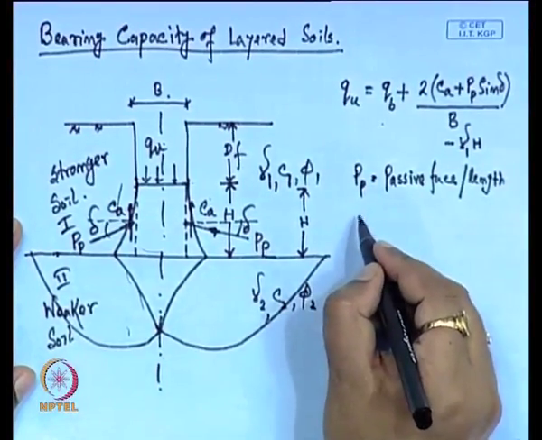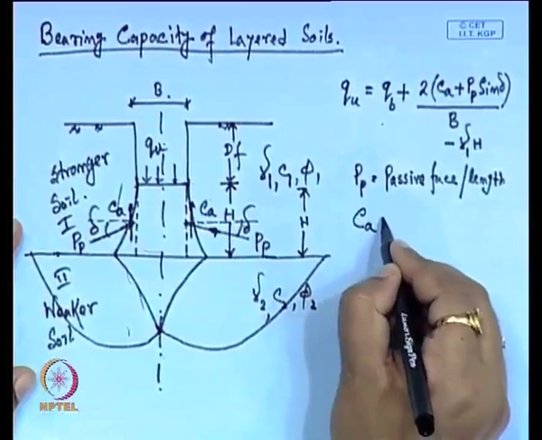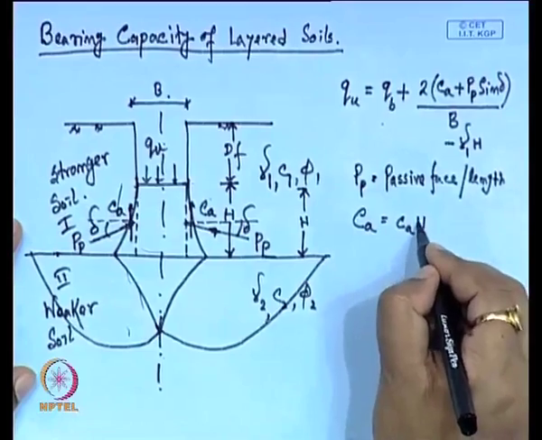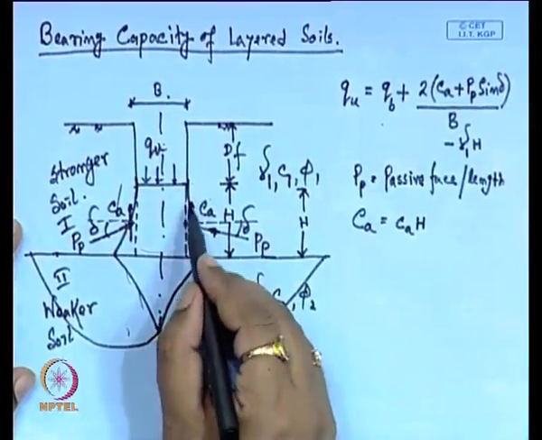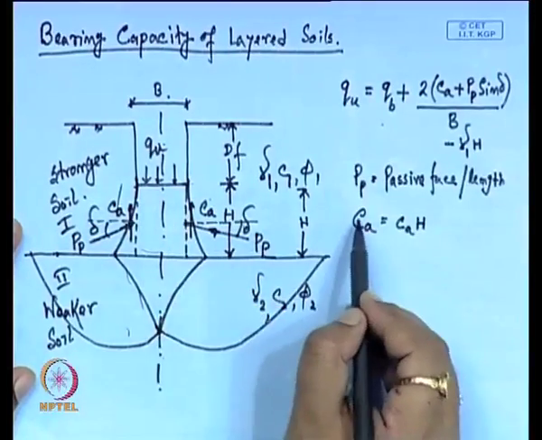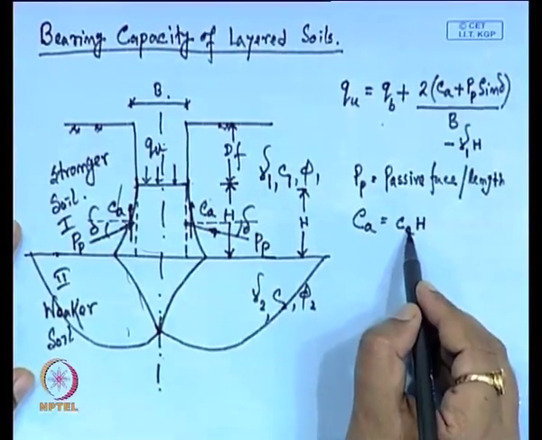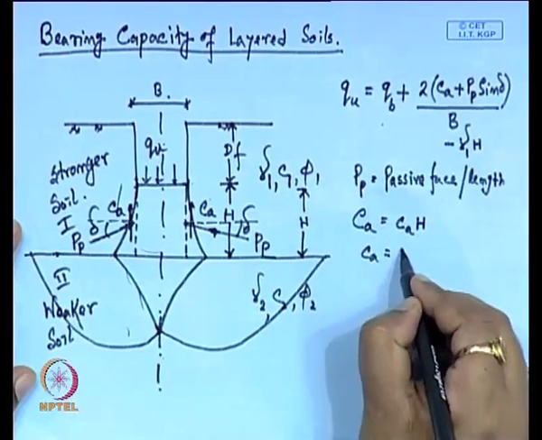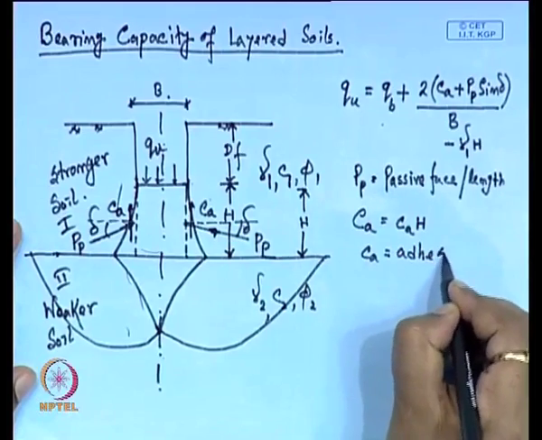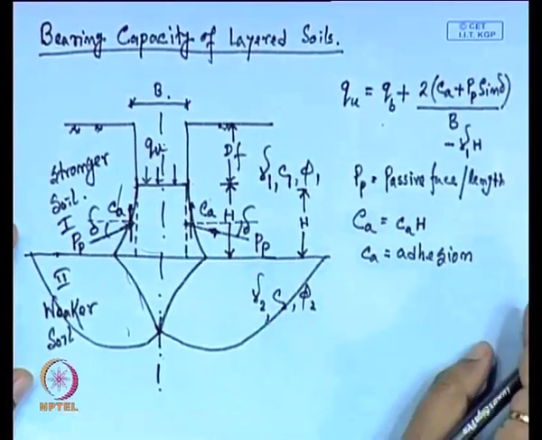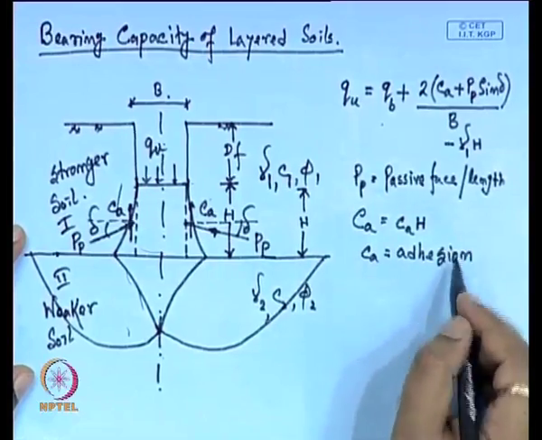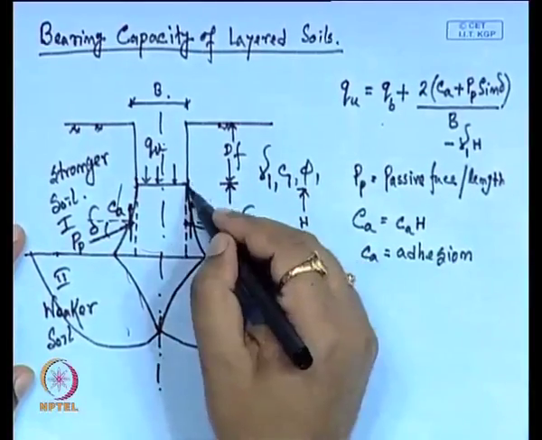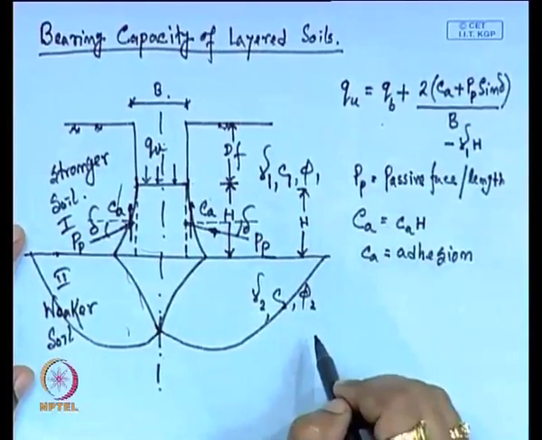Here we can write that C A is equal to small c a into H, because C A is the total load, that is the total resistance due to adhesion, and small c a is the adhesion which is per meter. And as it is acting over this length H, this will be C A equal to small c a into H.